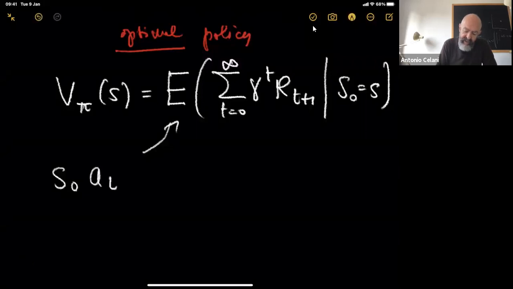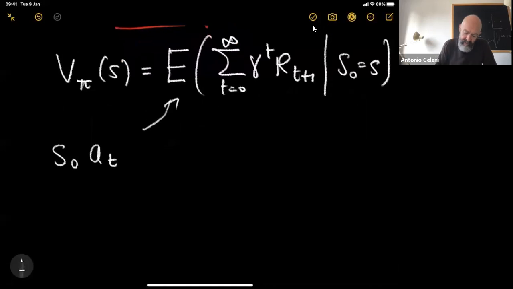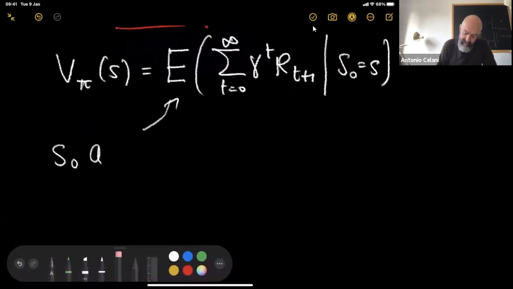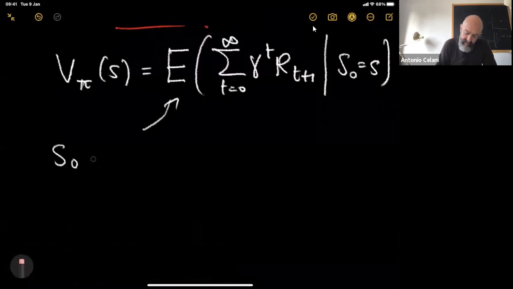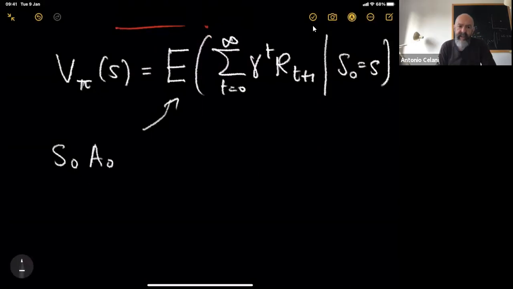From that initial state, an action A naught is taken according to our chosen policy, and as a result a reward is obtained and a new state is produced.